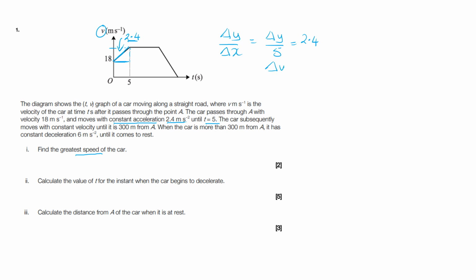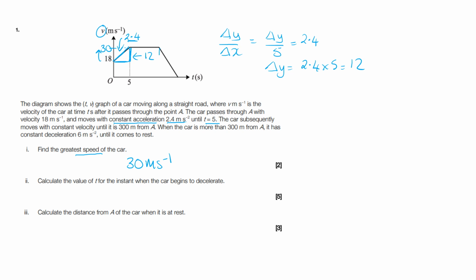So the change in y must be 2.4 times 5, which comes out to be 12. So this vertical distance here is 12, and if we just add that onto the 18, we can see that the greatest speed is going to be 30, and what are the units? Meters per second.